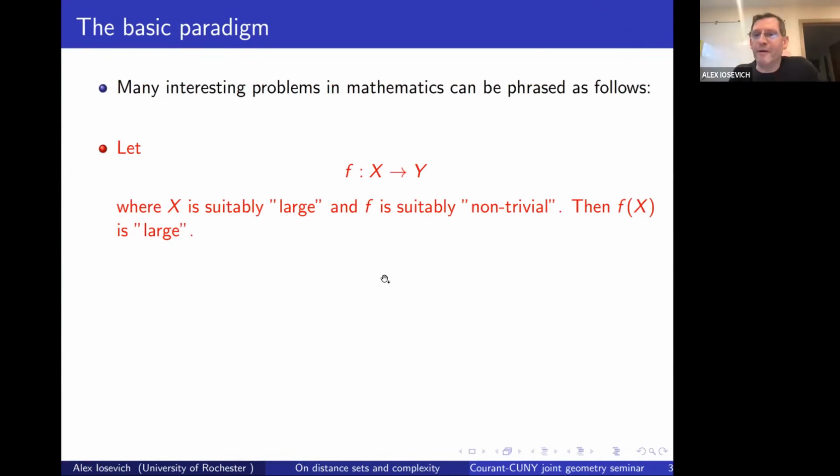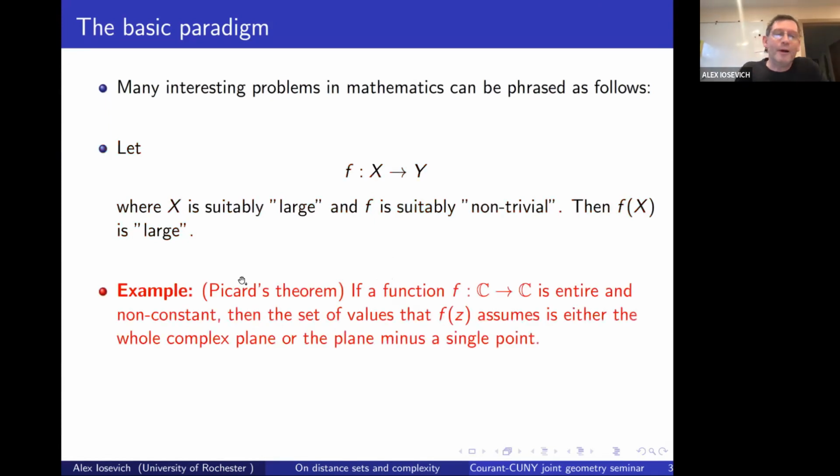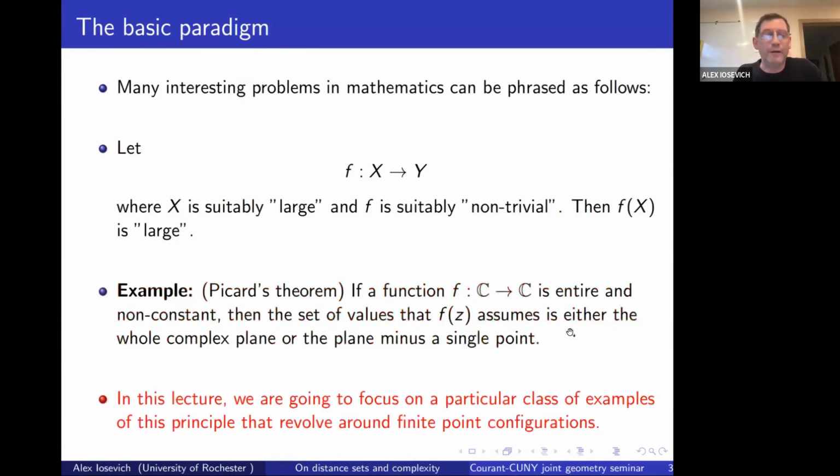It may be that every problem in mathematics can be phrased this way, but one very simple example from our undergraduate days is Picard's theorem: if you have a function from C to C which is entire and non-constant, then the set of values that f of z assumes is either the whole complex plane or the plane minus a single point. And of course, one can talk for days about these types of examples.